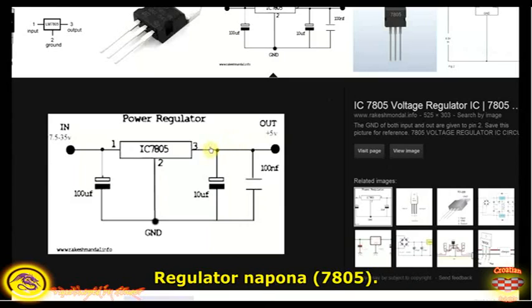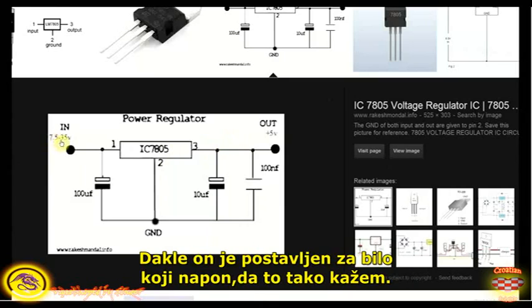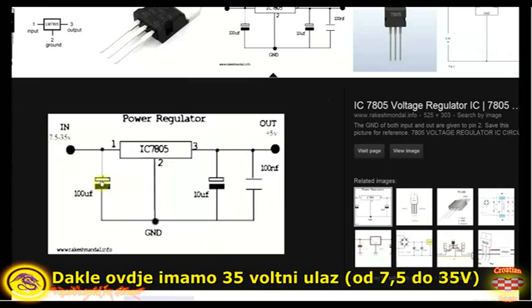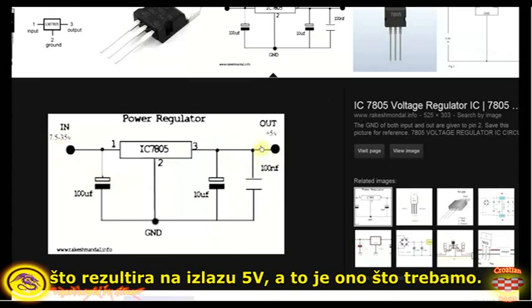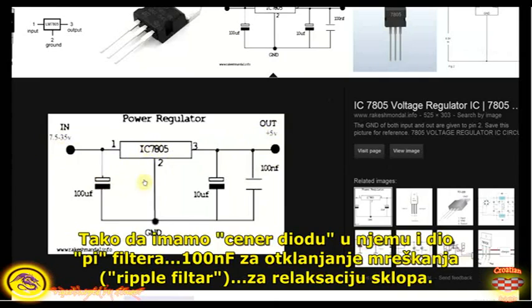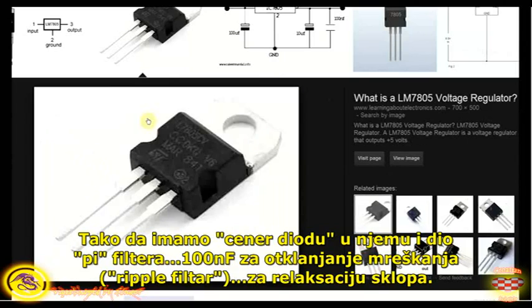Power regulator. What it does is you give it any voltage, say 7.5 to 35 volts. As a result, you get 5 volts. That's what you need. So you have a Zener diode in here, and part of the pi filter. 100 nanofarads for the ripple rejection, only 3 legs.